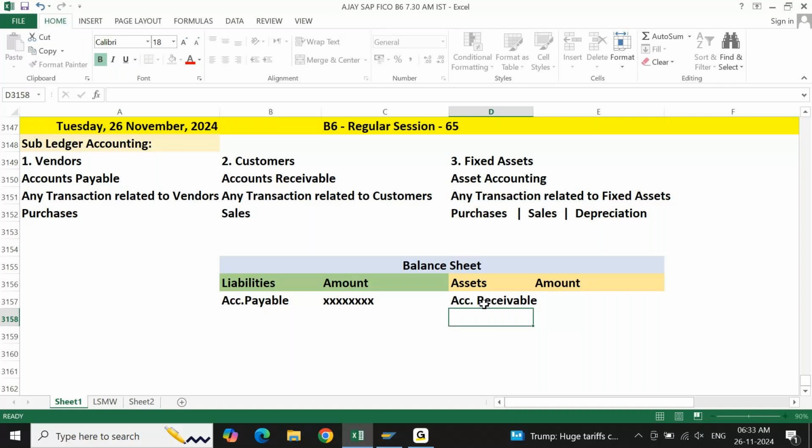I'll put some amount here also. Similarly, when you have a fixed asset, it is represented under asset as fixed asset, right?